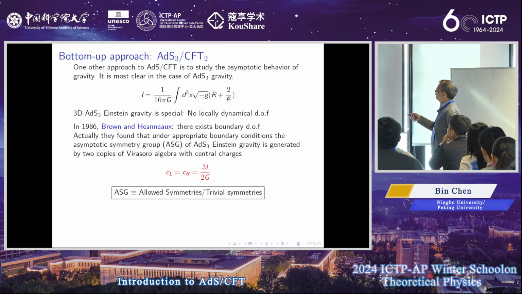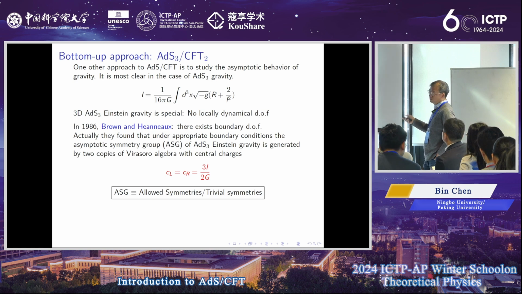It should be related to, or inversely proportional to, the gravitational coupling constant. So semi-classically, this G is small and c should be large. So that's the large central charge.